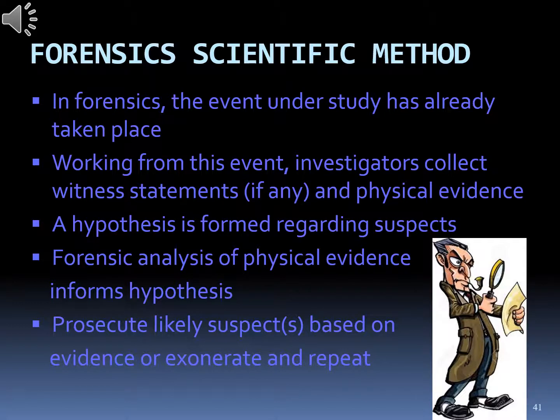A hypothesis is formed regarding the suspects and who might have motive and that sort of thing. The forensic analysis of that physical evidence informs the hypothesis, and then the likely suspect would be prosecuted by the district attorney, or whoever's right it is to bring that prosecution forward based on the evidence. Or if there's insufficient evidence or evidence to the contrary, then the suspect would be exonerated, and the whole process would get repeated until the correct suspect is found.